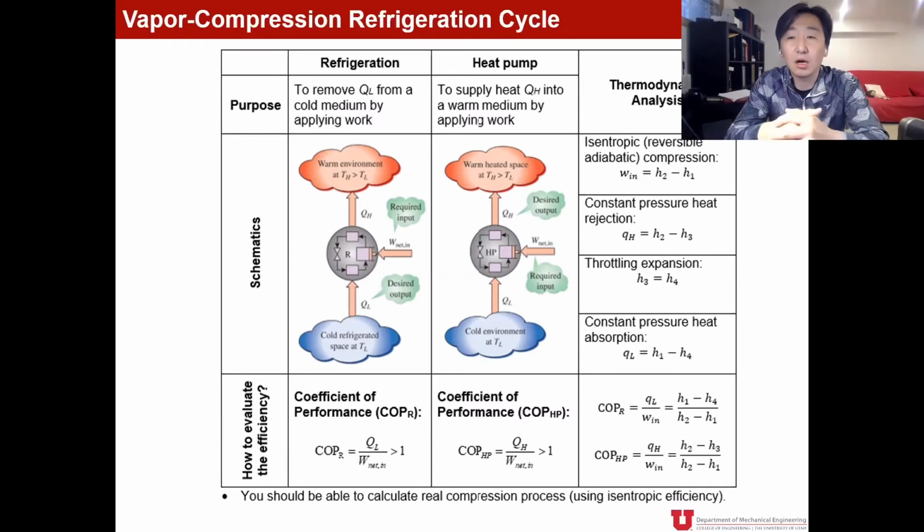I'm not going to talk a lot of details about what you already discussed in the past lectures. But when you think about the refrigeration, the point should be paid onto the question about how much heat we can take out from a space that we really want to be cooled. Okay?